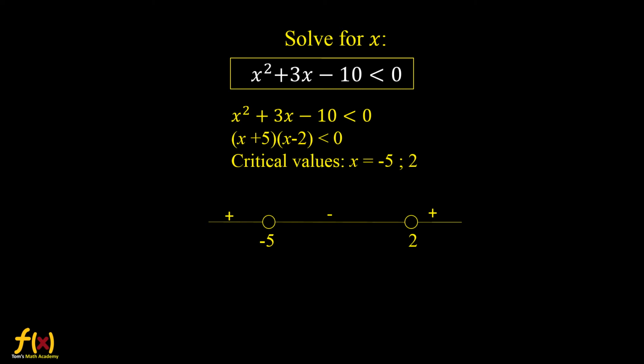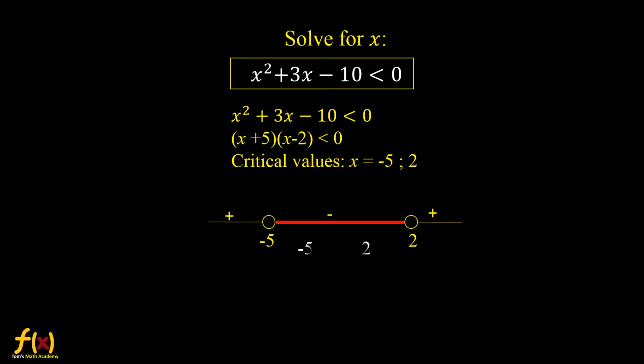That is the method. And now the question is x squared plus 3x minus 10 less than 0. So where is it negative? Less than 0 means negative. Where is it negative? We can see that between minus 5 and 2. Remember that there is no equal to there.